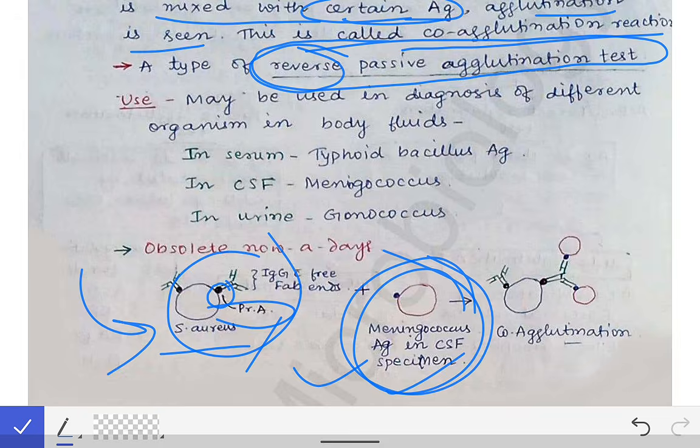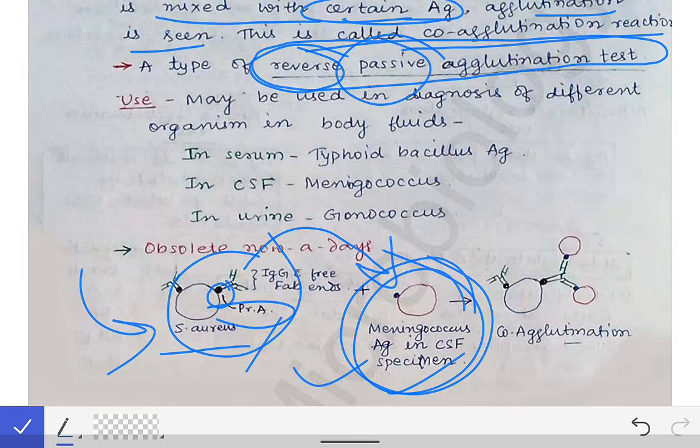So it is the reverse of what is generally done. And why is it passive? Because the antibodies are not directly binding to the antigens in the serum or the CSF. Rather, the antibodies are first bound to the protein A of the Staph aureus, which makes them particulate, and then they bind to the antigens in different specimens and cause the clumping. So it is not direct, it is passive. Hence the name reverse passive agglutination test.